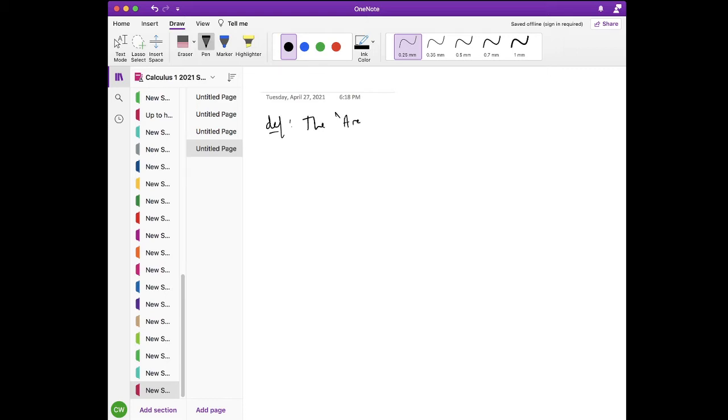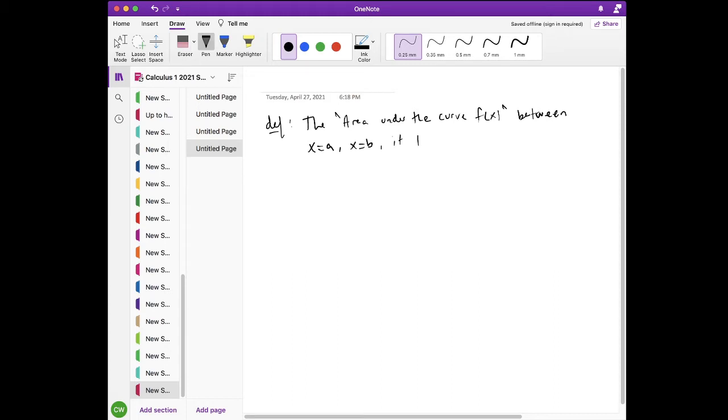The area underneath the curve f of x between x equals a and x equals b is the area of the region enclosed by four things: f of x, the vertical line x equals a, the vertical line x equals b, and y equals 0, the x-axis.